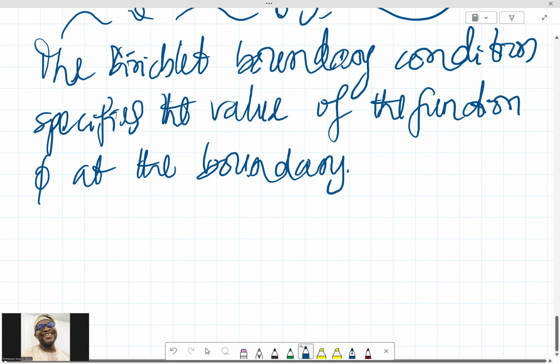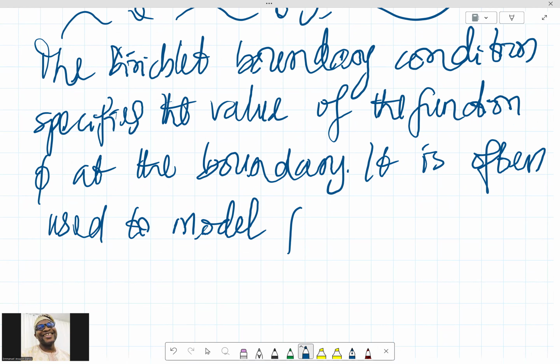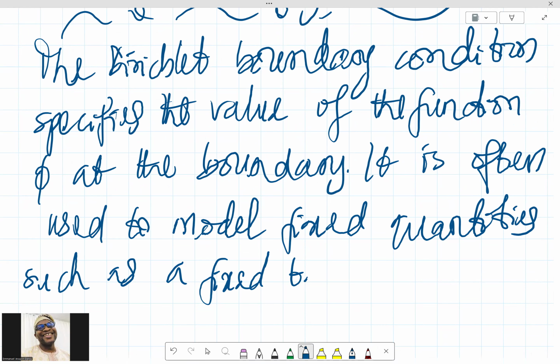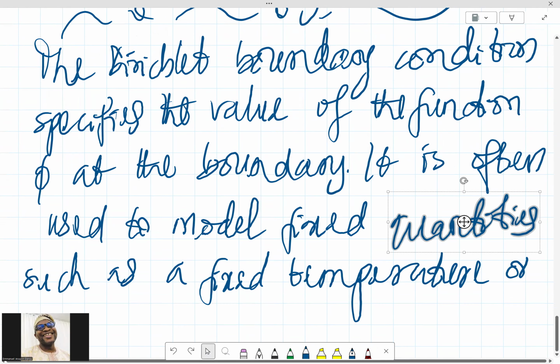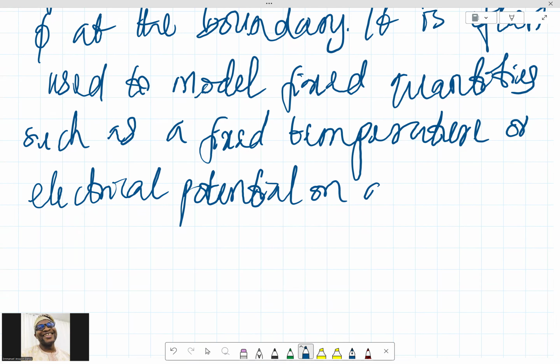And it is often used to model fixed quantities such as a fixed temperature or electrical potential on a boundary.